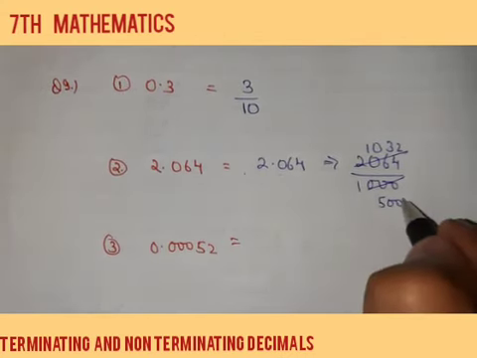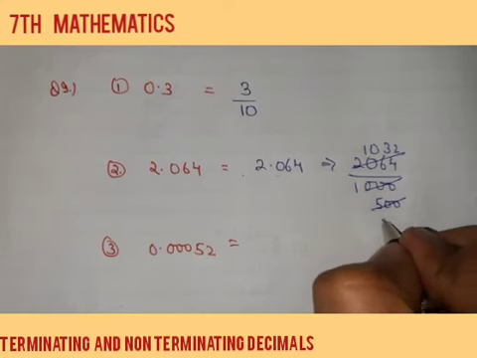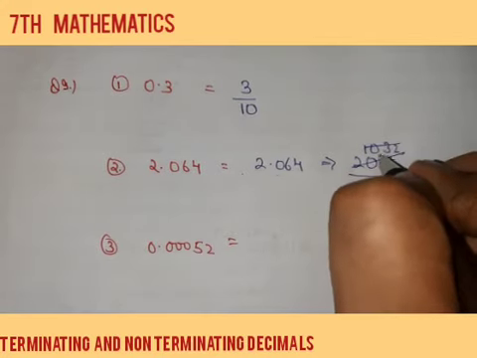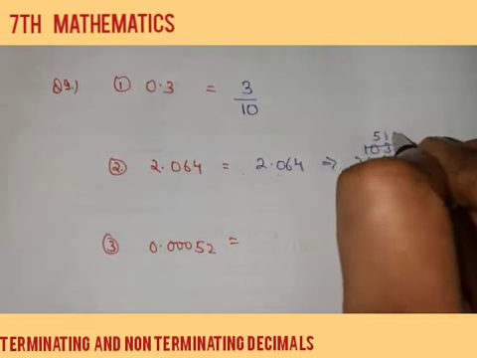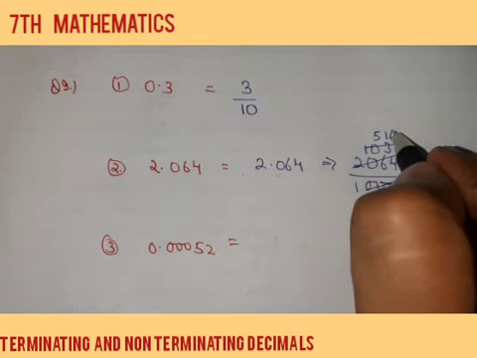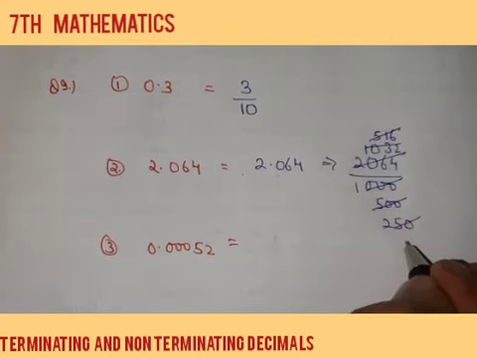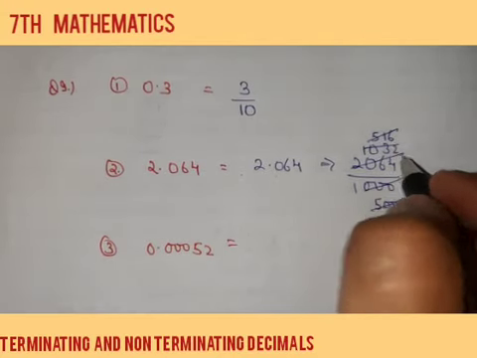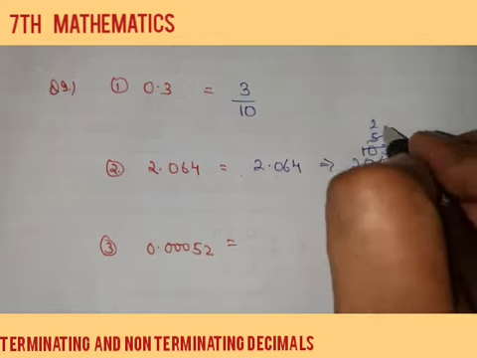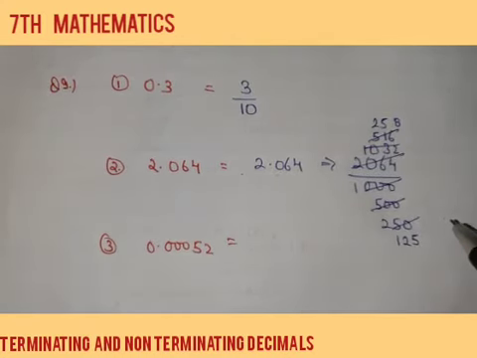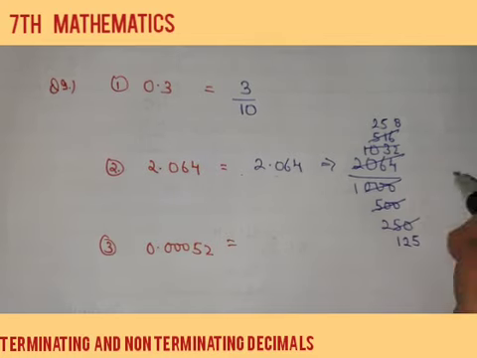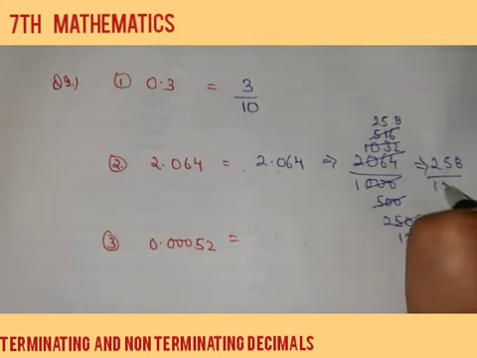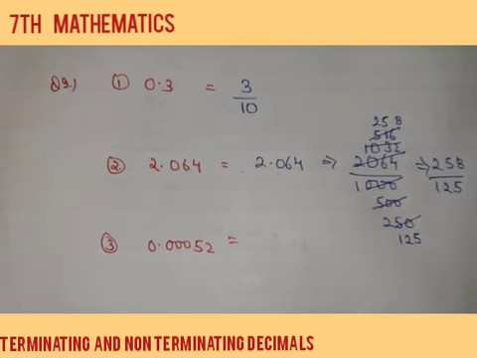Dividing by common factors, 2 2s are 4, 5 by 16... it will be 258 upon 125. This will be the answer.